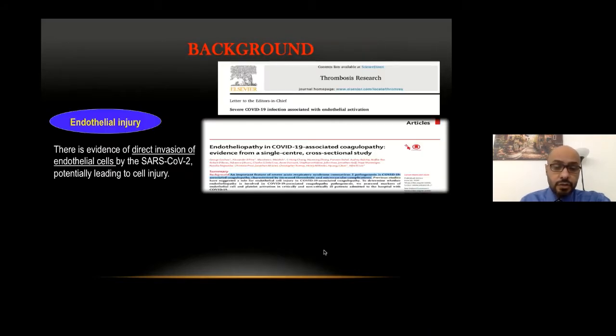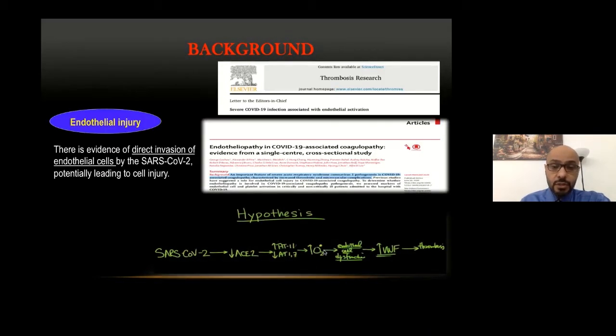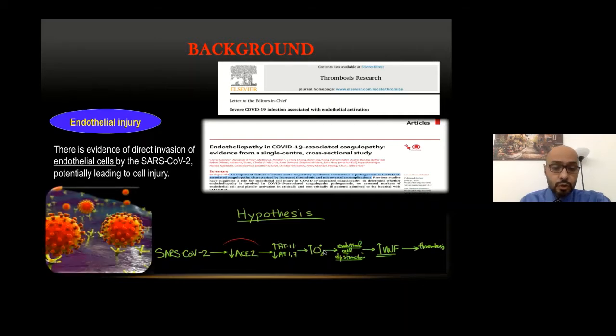As regarding the endothelial injury, there is evidence of direct invasion of endothelial cells, as previous colleagues mentioned: the virus attaches to ACE2 receptors, and then oxidative stress leads to endothelial cell dysfunction, releasing von Willebrand factor, which starts the cascade of thrombosis.